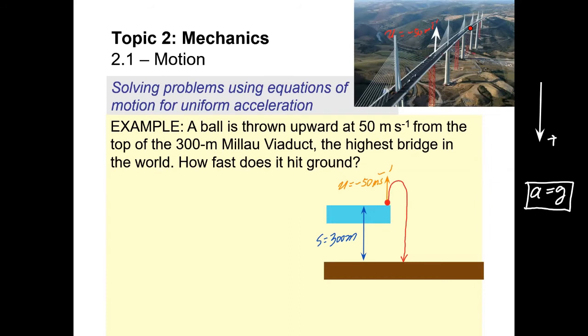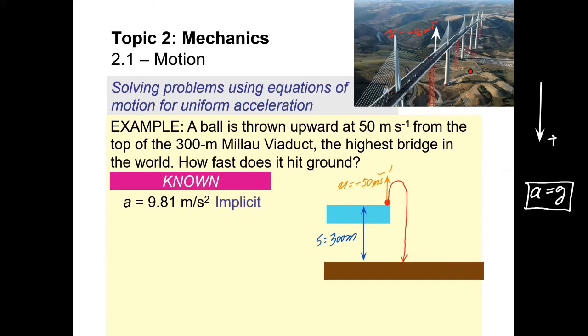The ball is thrown upward at 50 meters per second from the top of the 300-meter Millau Viaduct, the highest bridge in the world. How fast does it hit the ground? Known: acceleration due to gravity as free fall, and we choose downward as the positive direction, and acceleration due to gravity is always downward, so it's positive.